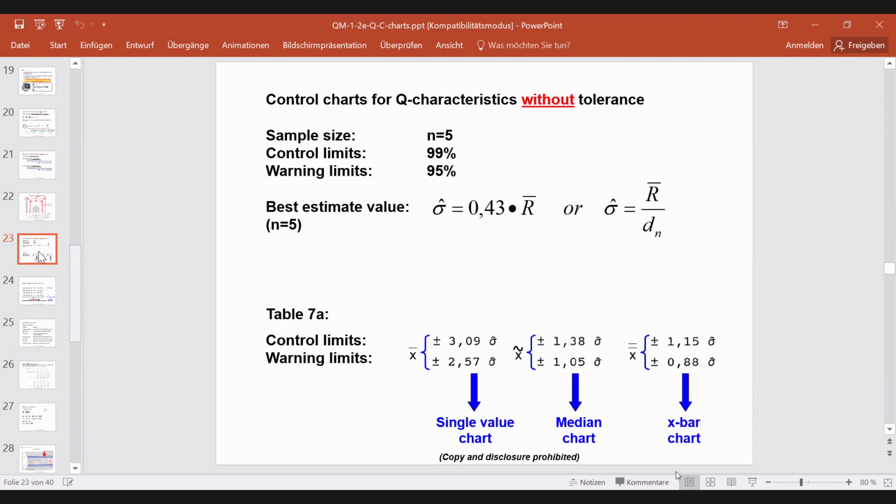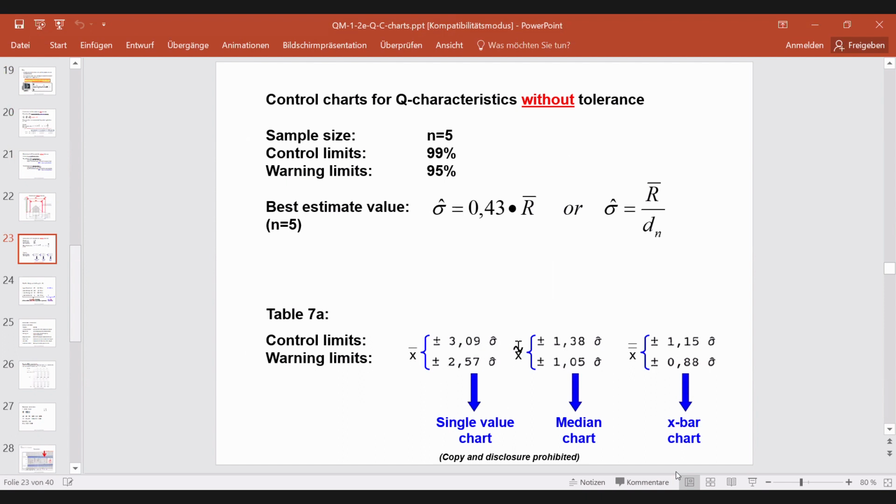If you don't have tolerances, you also take these equations here, like on the sheet before, and for quality characteristics without tolerance, you take these equations here for the control limits for x bar, for the arithmetic mean.